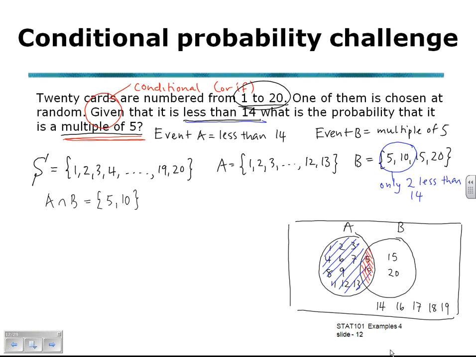Those two numbers out of a reduced sample space this time, out of a possible 13 values. So our probability would be 2 out of a possible 13. A reduced sample space, we're not looking at all the 20 cards, we're looking at only the ones in circle A.